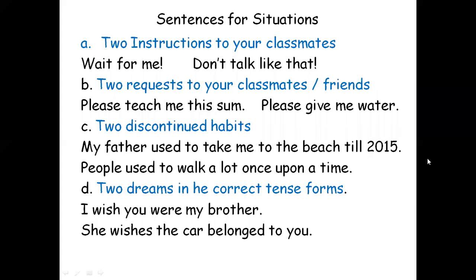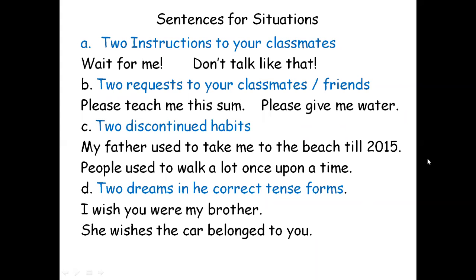Immediately, one of the 13 modal auxiliaries should come to your rescue. What is that? Used to. Used to means past habit, not present habit. My father used to take me to the beach till 2015. Till 2015, that was an occurrence, an event, but now it is no more an occurrence.